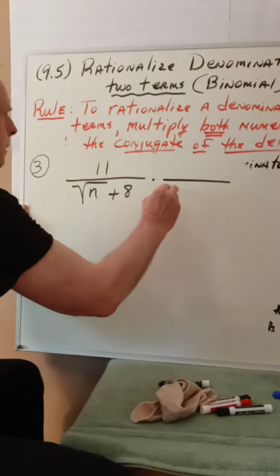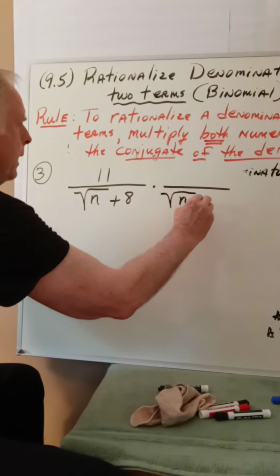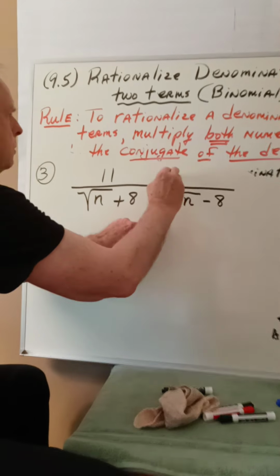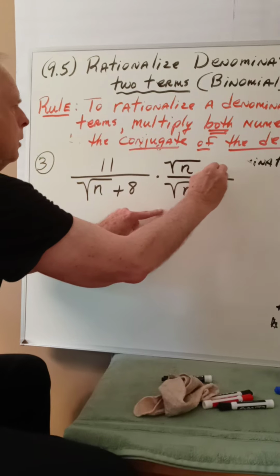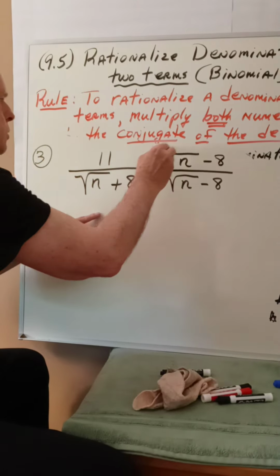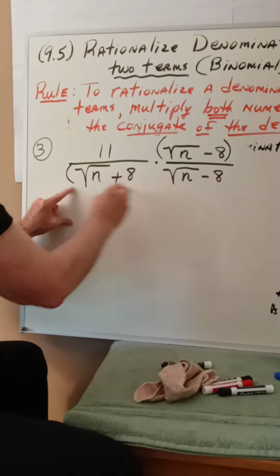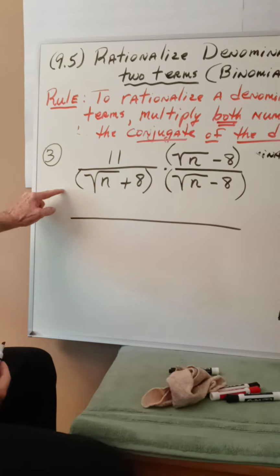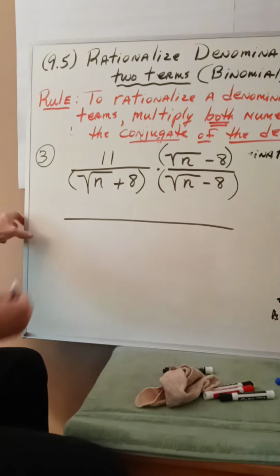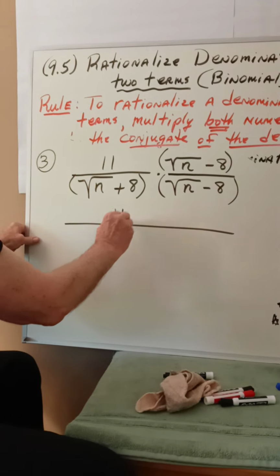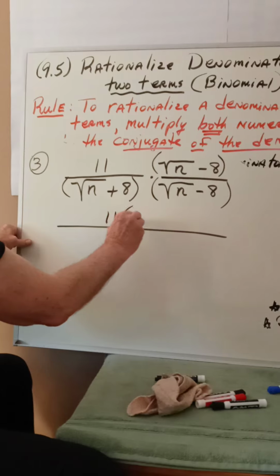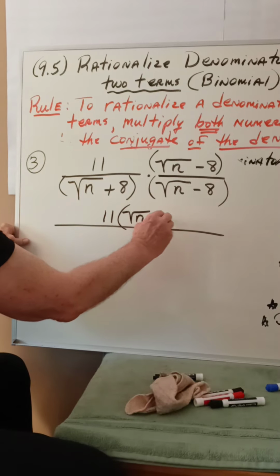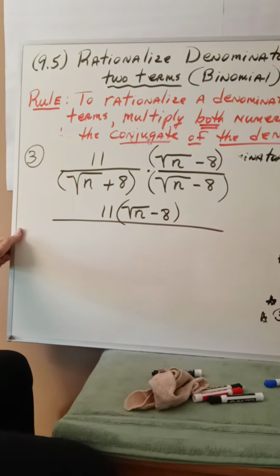The conjugate, the radical of n minus 8, the radical of n minus 8. Tuck him, and tuck, and get the line. On the top, just write initially 11 times the quantity of radical of n minus 8.